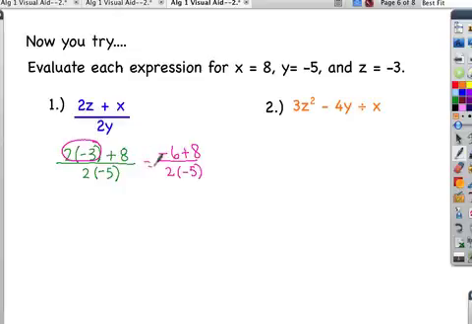And now, I can multiply in the denominator, and I get negative 6 plus 8 over negative 10. Negative 6 plus 8 is 2 over negative 10, which when I reduce gives me negative 1/5.